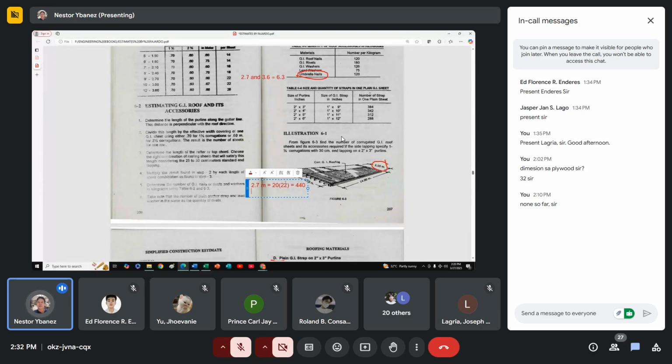Then for the 3.6 meters, 20 pieces times 26 nails each equals 520. So the total will be 520 plus 440, which is 960 pieces.